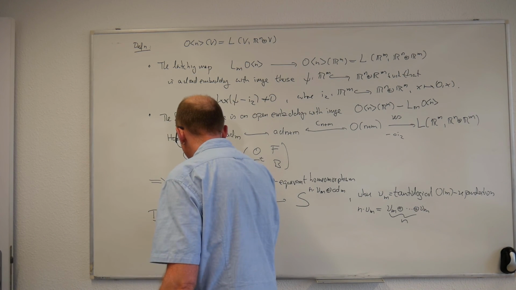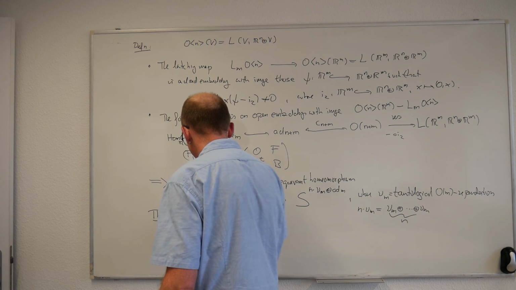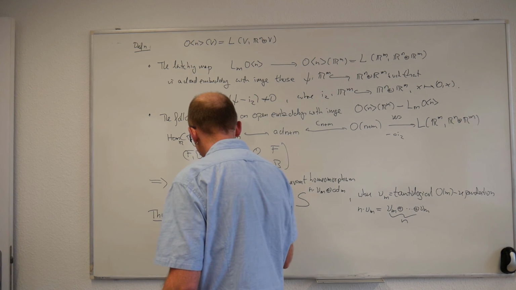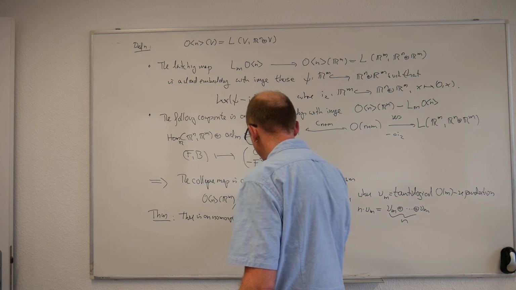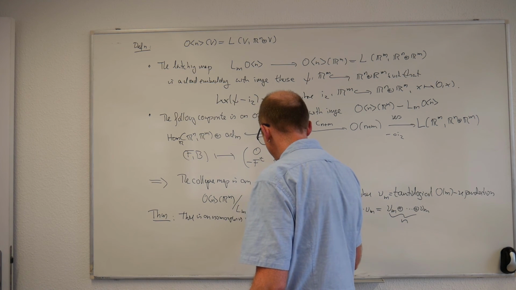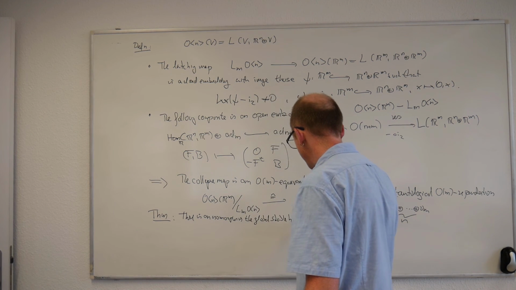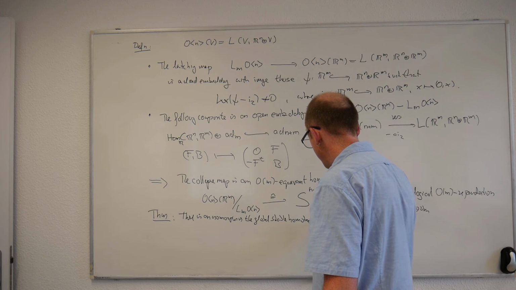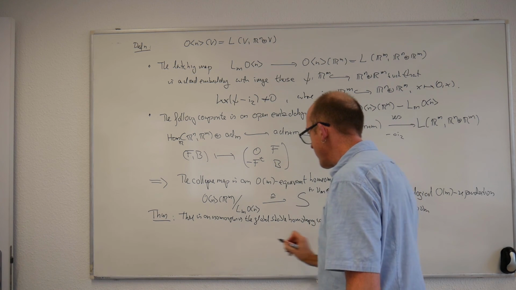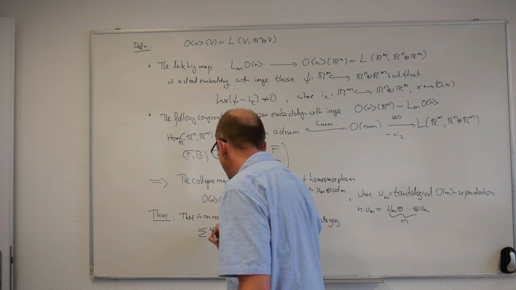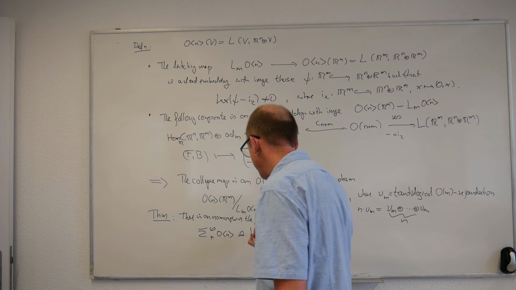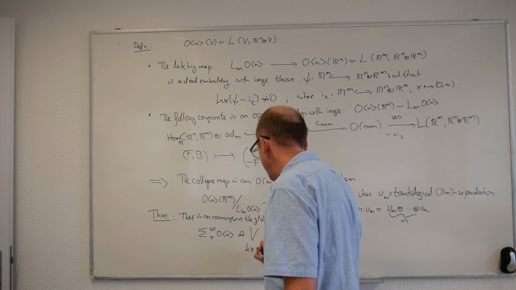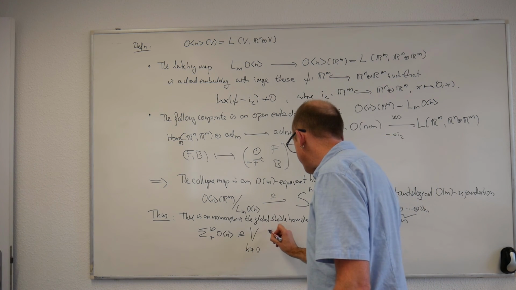There's an isomorphism in the global stable homotopy category between the unreduced suspension spectrum of O⟨n⟩ and a wedge over k greater or equal to 0.